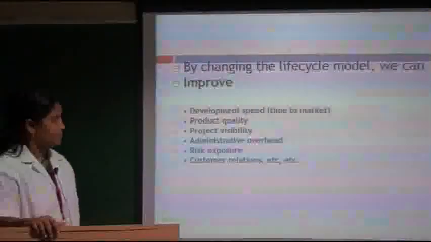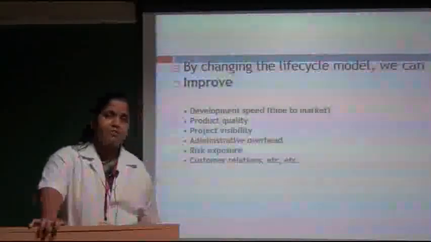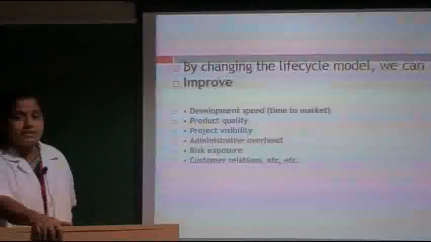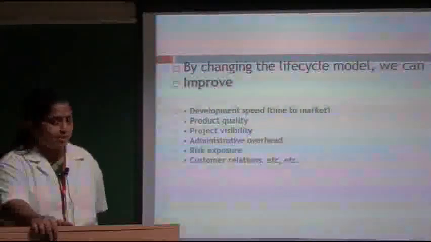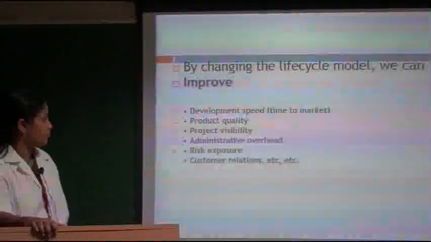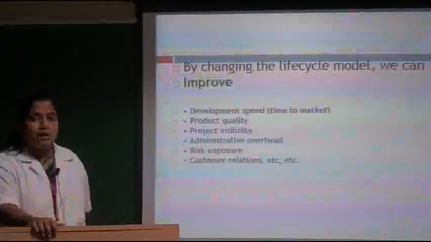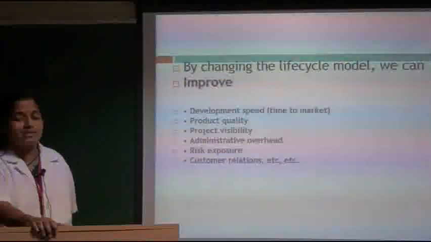How one life cycle model differs from another is based on the speed, how fast it is capable of developing the software or completing the project. So development speed and product quality are very important.